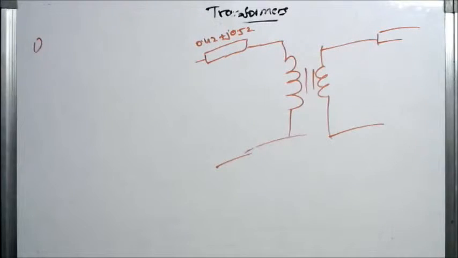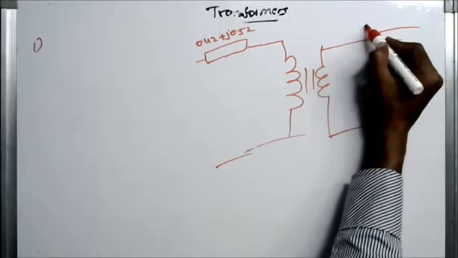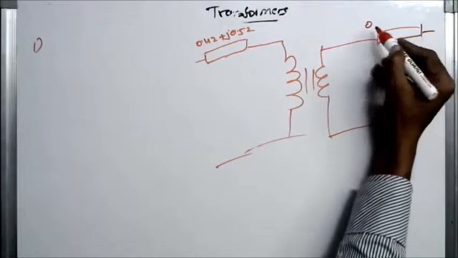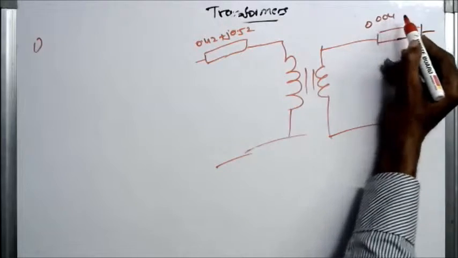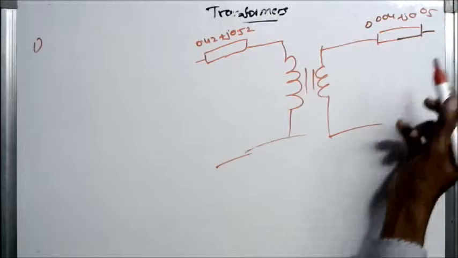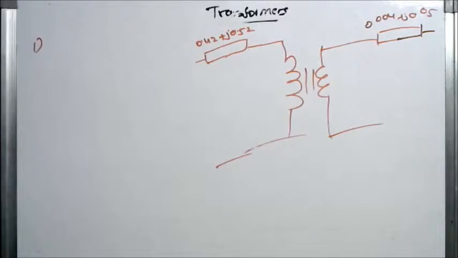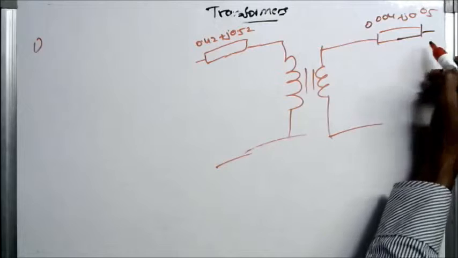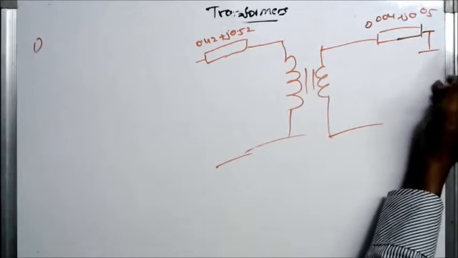Next, it is 0.004 plus j into 0.05 ohms in the LV side. In the LV winding, when seen at the LV side, we have Y0, so shunt branch parameters are given here.